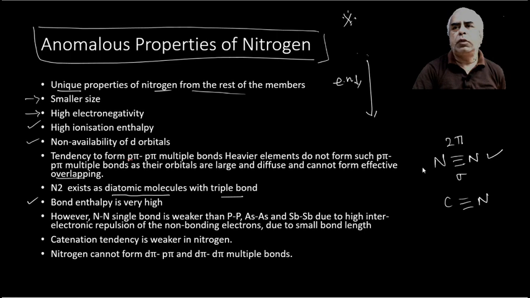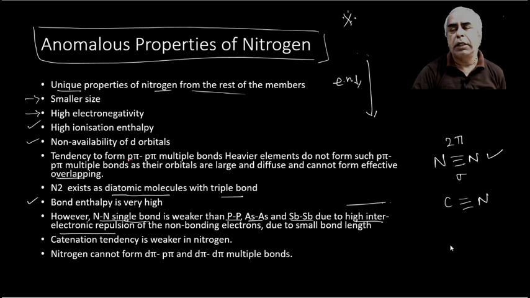Even though the triple bond in nitrogen is much stronger than any other bonds available in that group, the N-N single bond, let me take the single bond alone, is weaker than the phosphorus single bond or arsenic single bond or antimony single bond. It is because of what? The high inter-electronic repulsion, because of the non-bonding electrons.